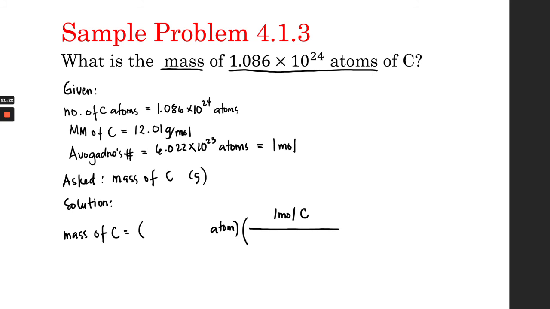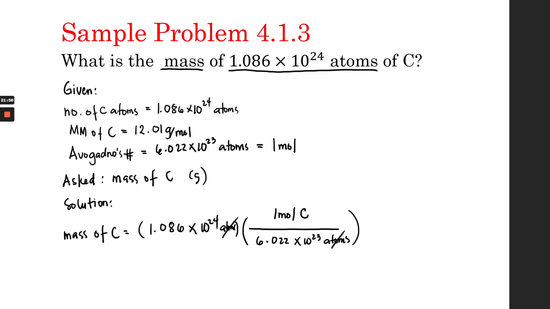I'm gonna take the number of particles here, so 1.086 times 10 raised to 24 atoms. So I have this much particles, and I know that in every mole of any element, that is actually equal to 6.022 times 10 raised to 23 atoms. This is true for any element. So 1 mole of any element is equal to this number of particles.